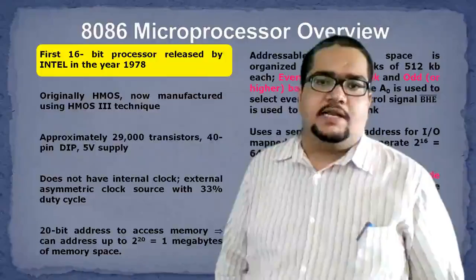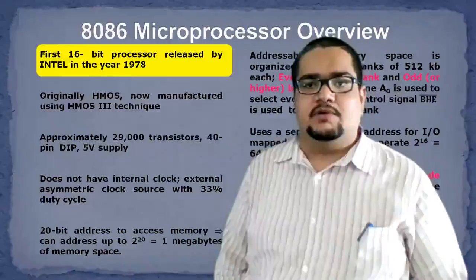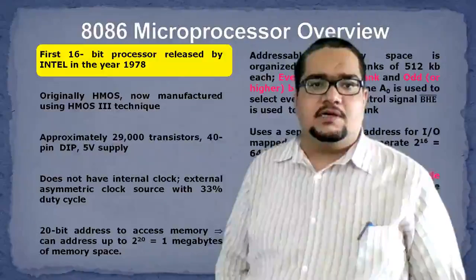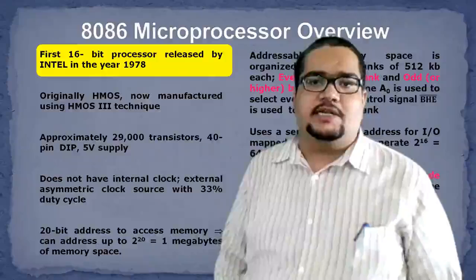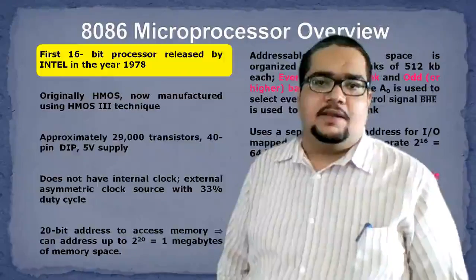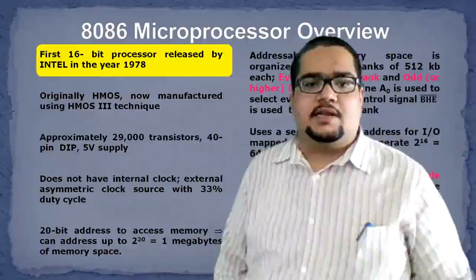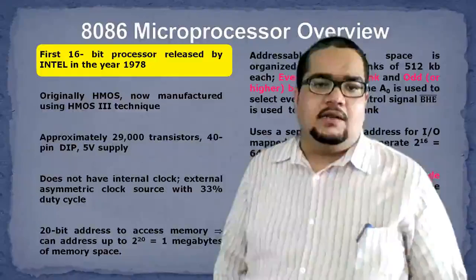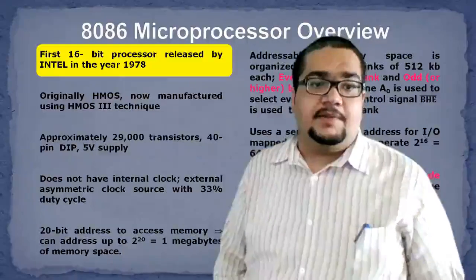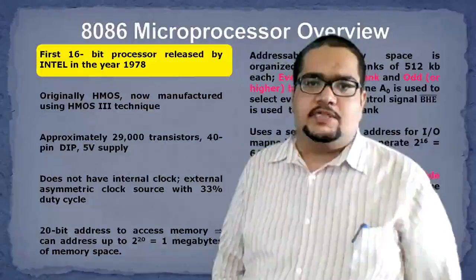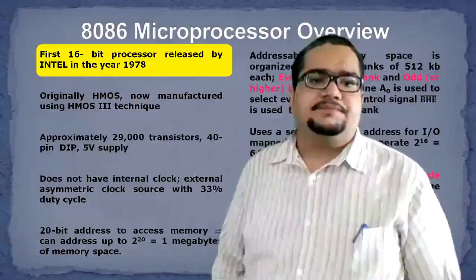For your understanding, you are already comfortable with the term CMOS, I guess. HMOS is hybrid MOS, in which CMOS and TTL logic families are combined, or the benefits of these two are taken into a single fabrication technology. MOS, I guess you know, is metal oxide semiconductor devices.